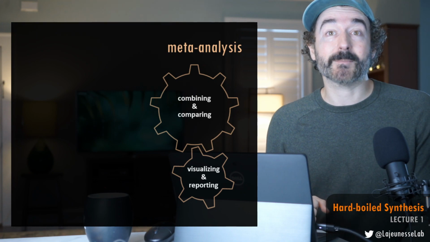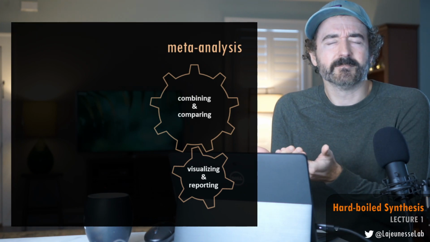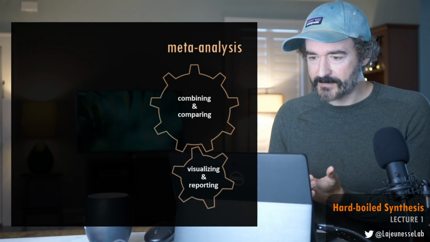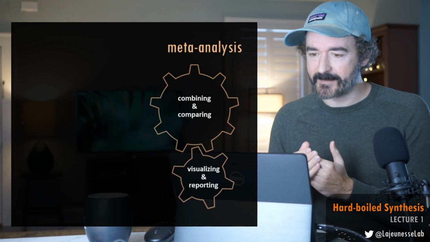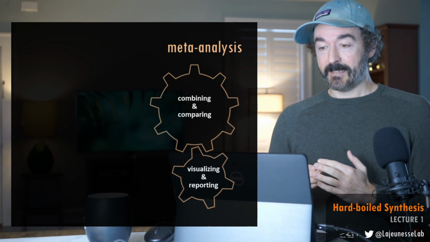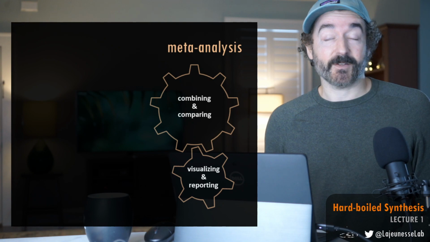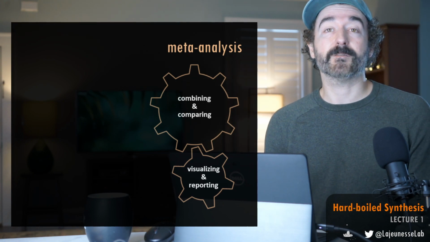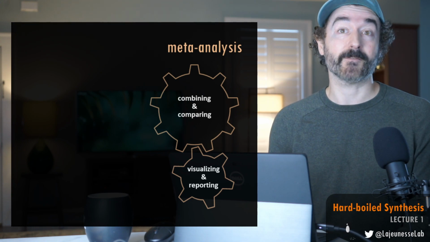Another key aspect of meta-analysis is reporting the stats, reporting the aggregated outcomes. And so there's a key part of visualizing and reporting what you find. Now, before you even reach these stages, there's a whole other branch of research synthesis called systematic review.